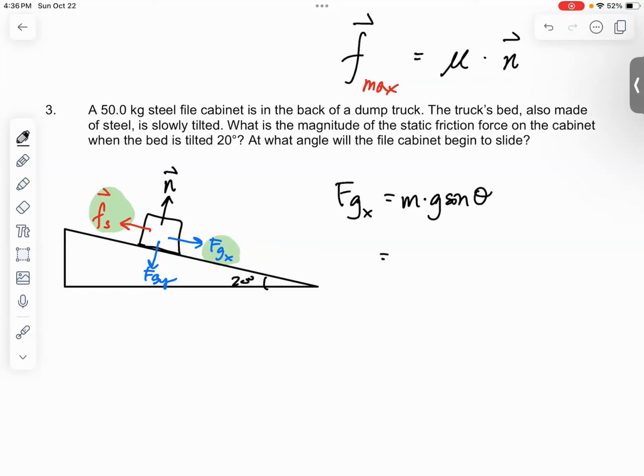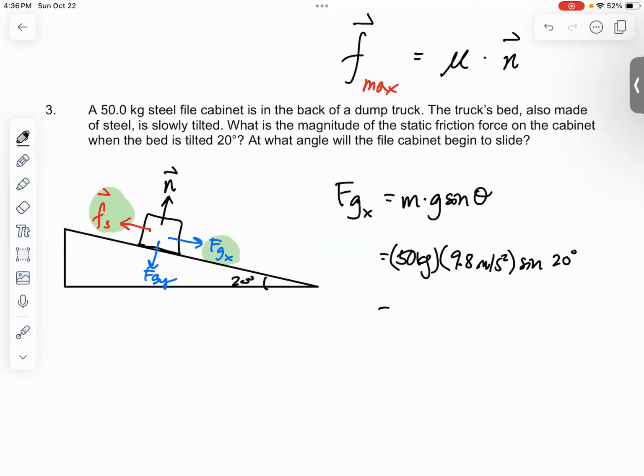And the mass is 50 kilograms and 9.8 meters per second squared. Now, I'm not going to use the negative in this case because going to the right is my forward positive. So I'm going to drop the negative sign right there. Okay, 50 times 9.8 times sine of 20 degrees.